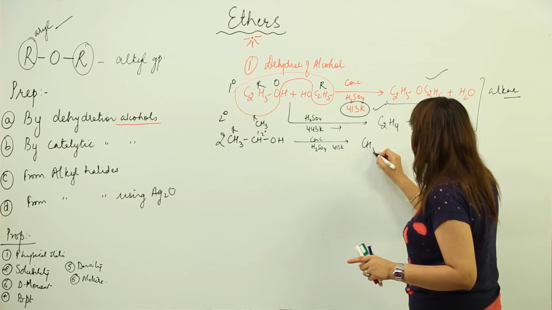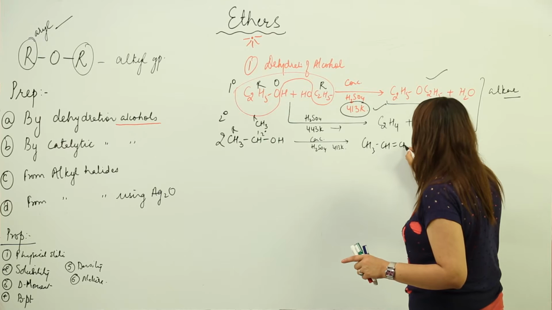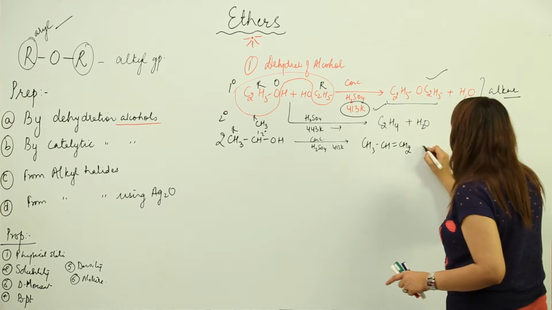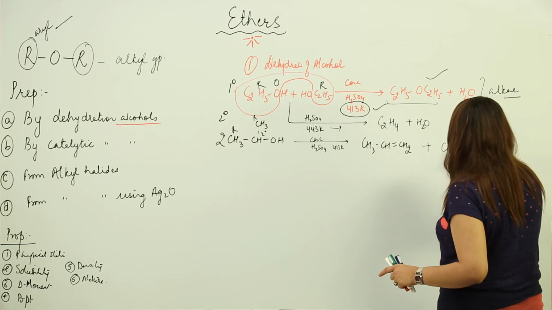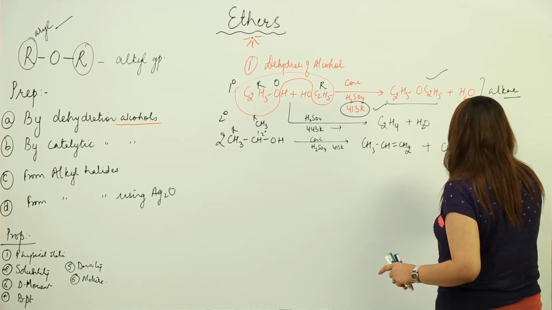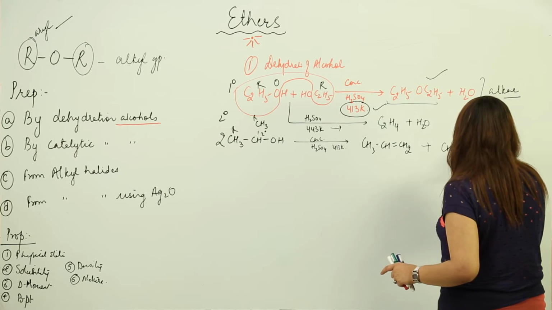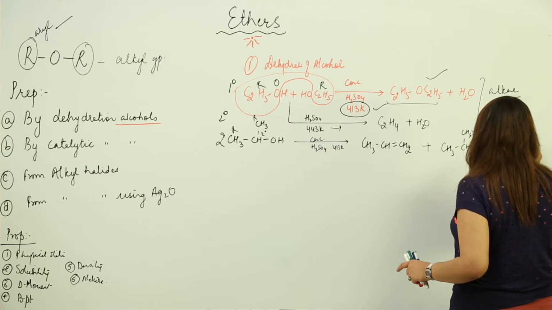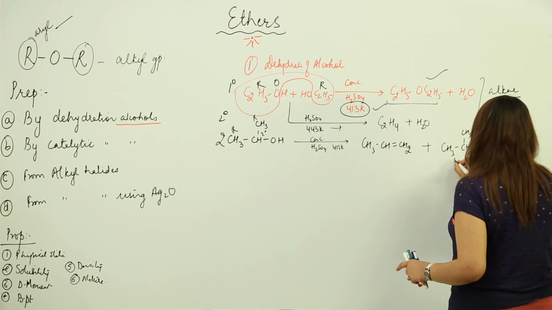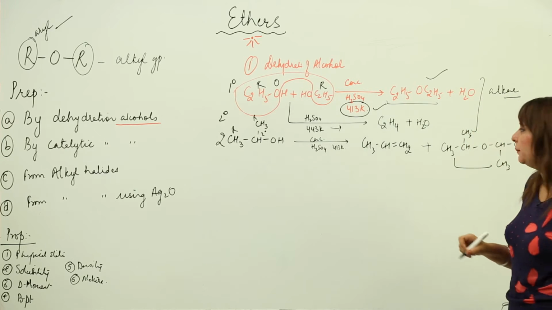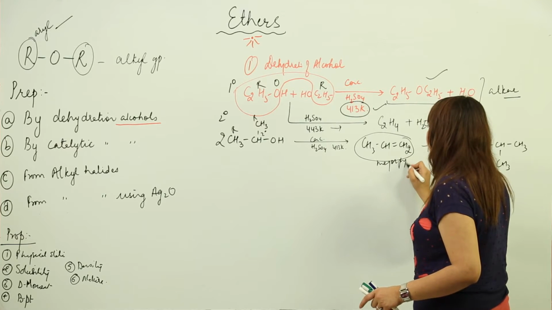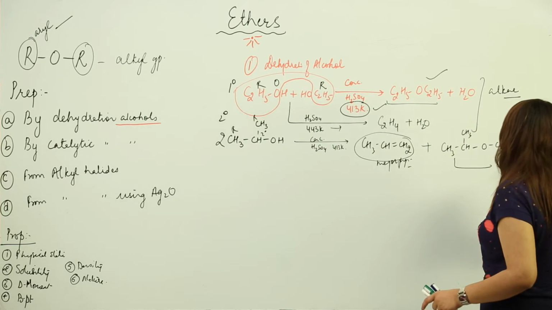So what kind of product do we see? We see that it forms the alkene also, that means loss of a water molecule, H and OH, and you also get ether. But in this case the alkene is the major product and the ether is a minor product.